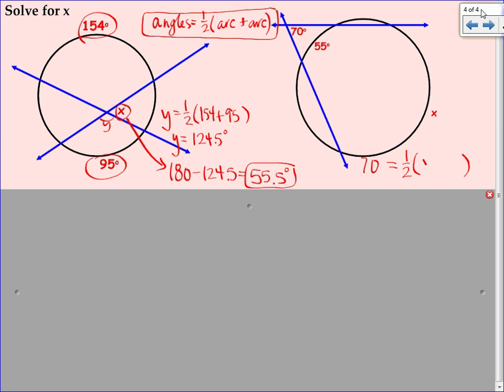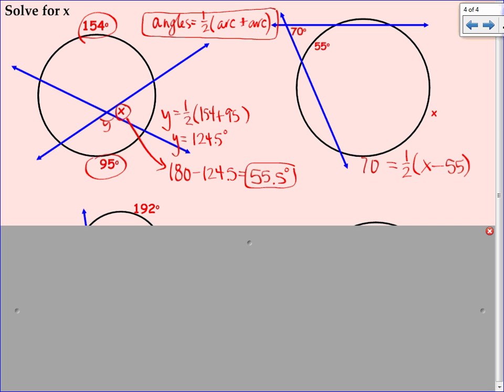And now we just solve for x by doing what? Okay, we can distribute the 70, or the 1/2, sorry. What's half of 55? Now what? So we've got 1/2 x equals, now what?